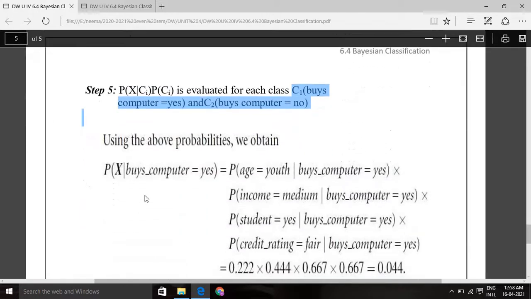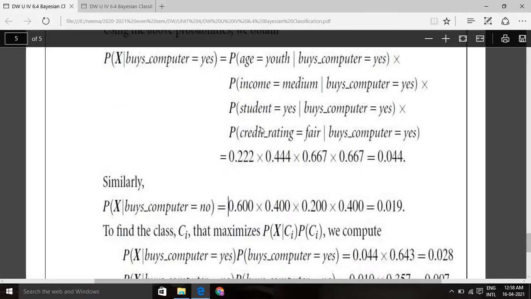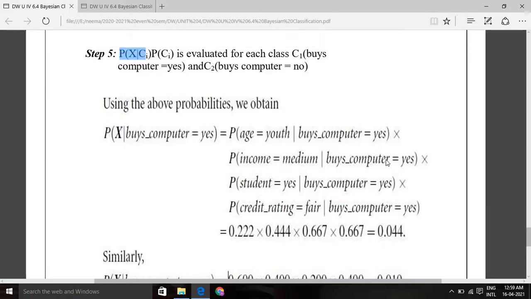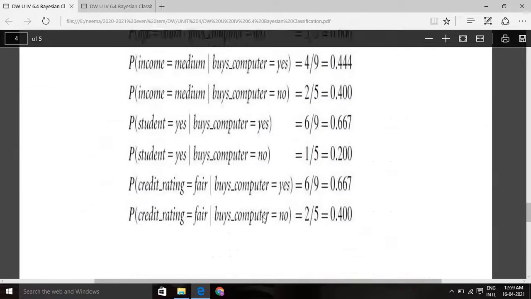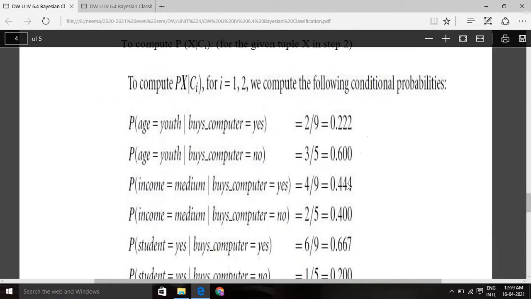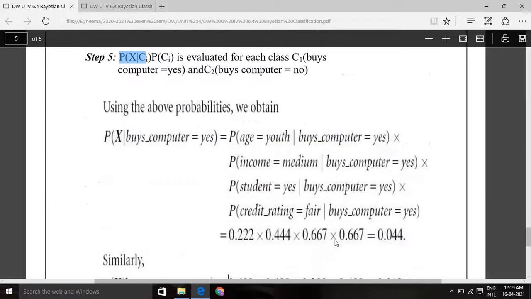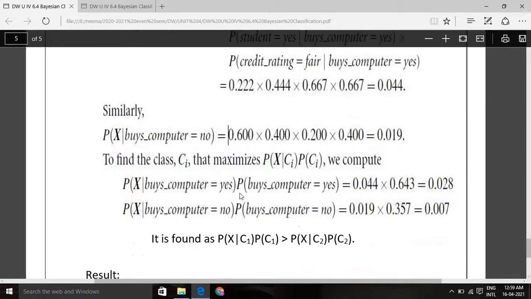First we find the probability of X given Ci for buys computer equal to yes and equal to no. For this we multiply all the values for buys computer equal to yes: age equal to youth, income medium, student yes, and credit rating fair, that is 0.222 into 0.444 into 0.667 into 0.667. We get the value 0.044. Similarly for no we get 0.019.